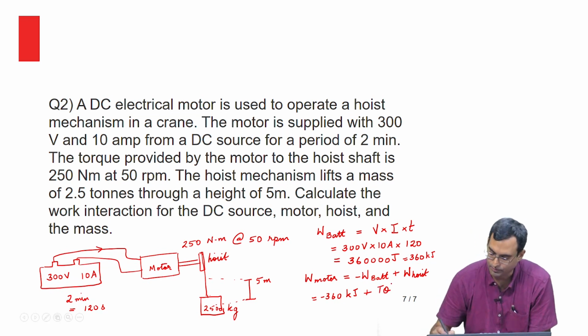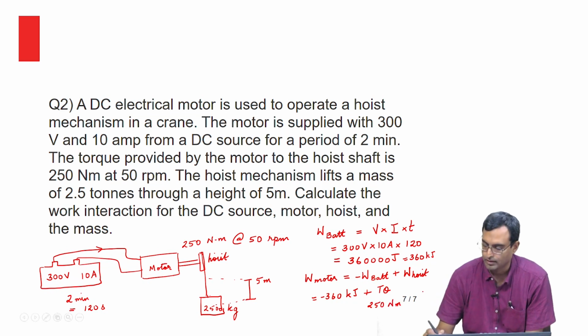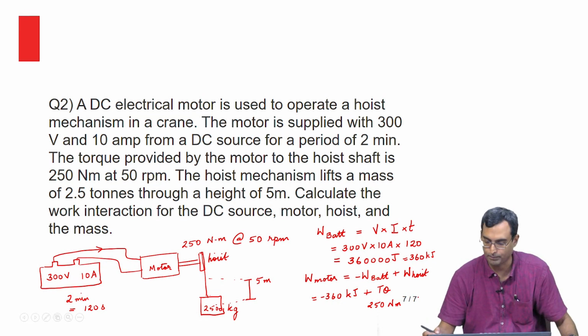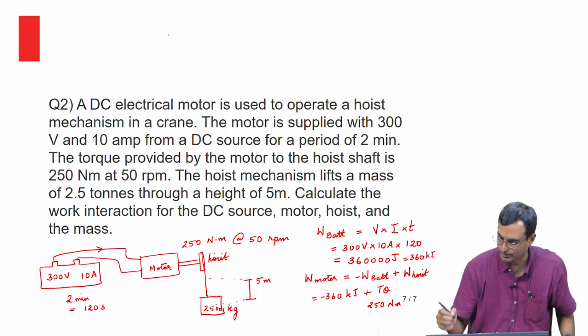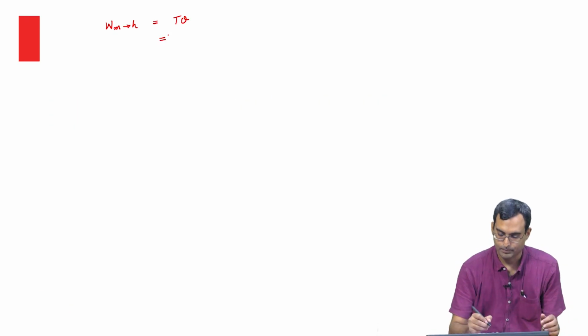So, the torque is 250 Newton meter, and omega, or the... Maybe I will go on to the next page. So, the work from the motor to the hoist would be given as T theta. The torque we had earlier as 250 Newton meter, and the speed is 50 rpm.